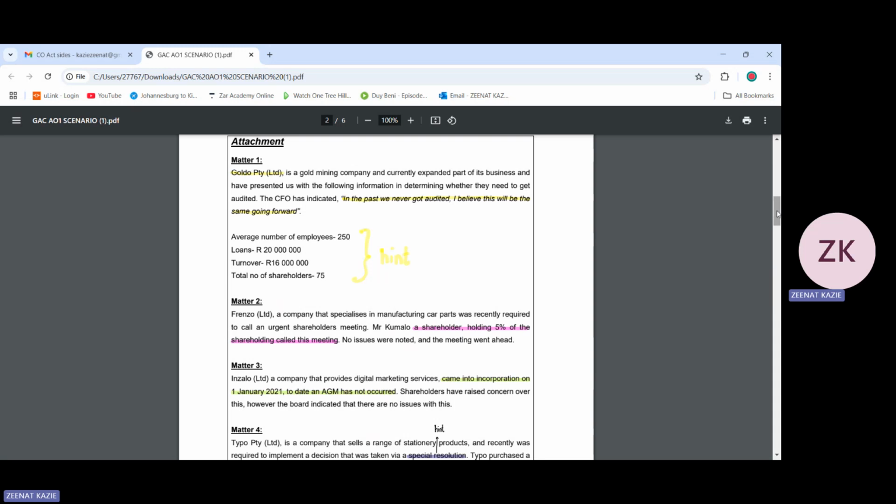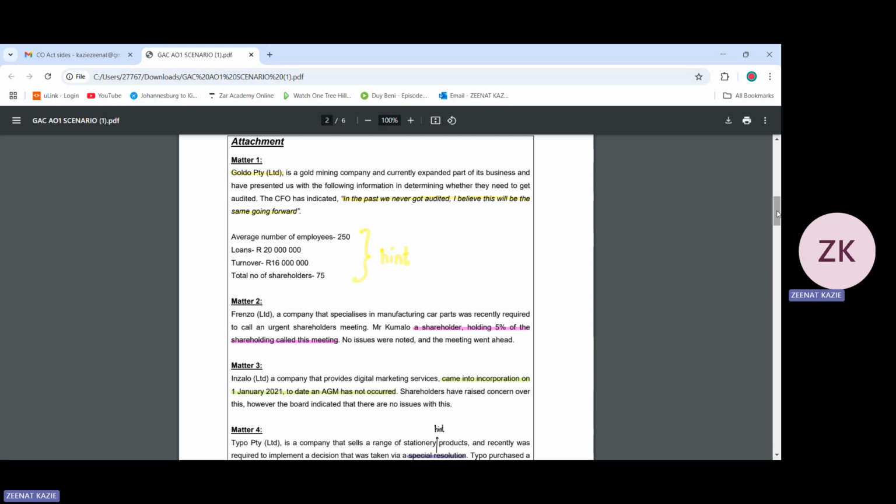When they give you those amounts, your mind should automatically go to the public interest score. It's basically telling you that you most likely are going to need to calculate the public interest score.